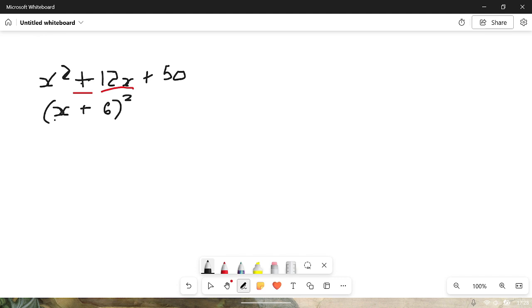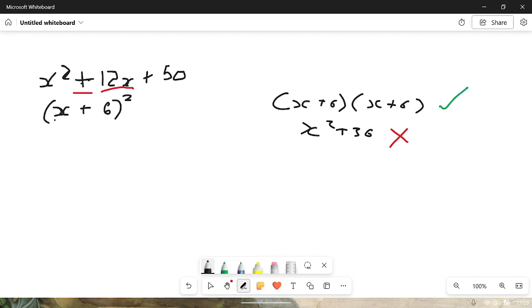Or in other words, x plus 6 times x plus 6. It is not equal to x squared plus 36. That is wrong. Okay, but we can't ignore the plus 50. So we just slot that in there.